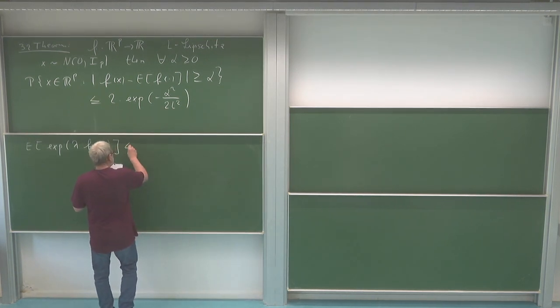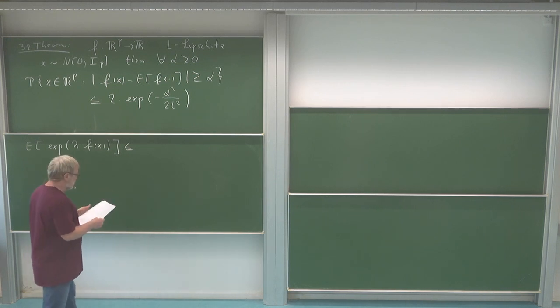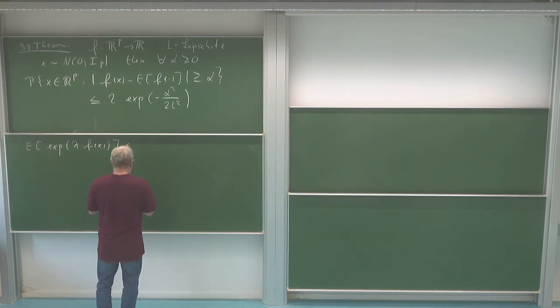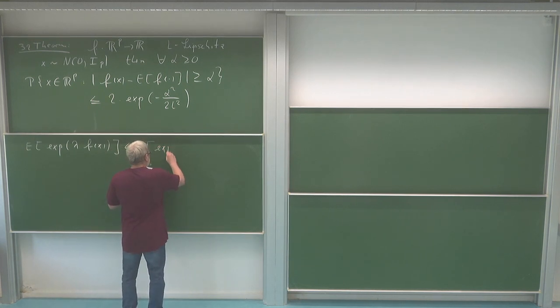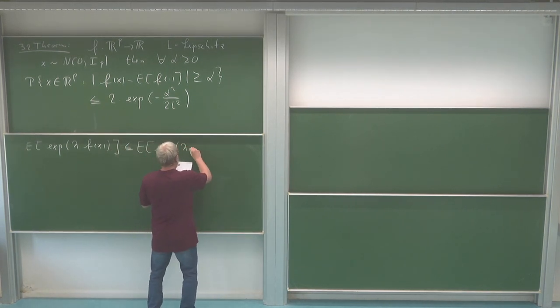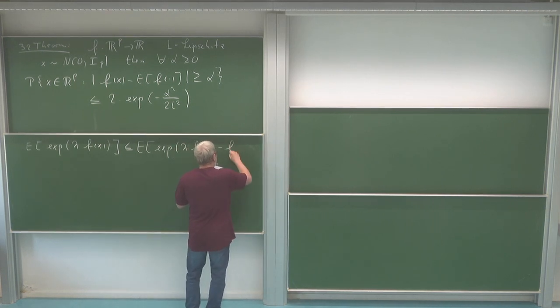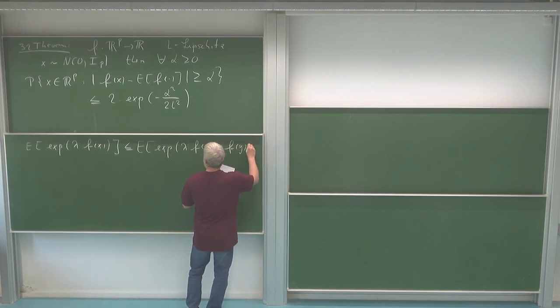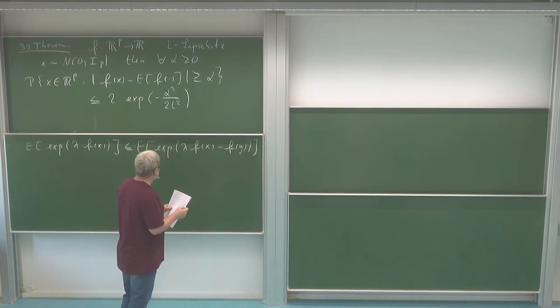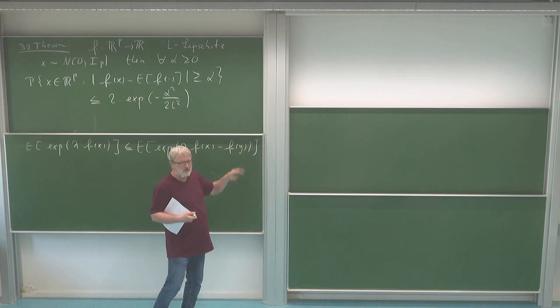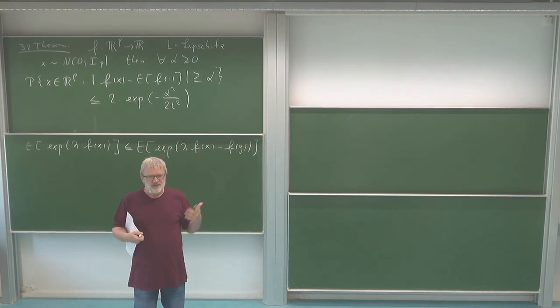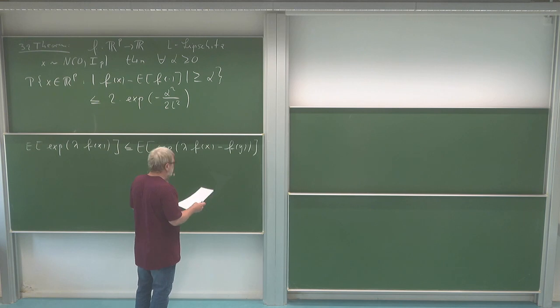We estimated this using Jensen's inequality: we estimated this by the same quantity where I take the expectation of the exponential function of lambda times f of x minus f of y. This was a trivial estimate. Essentially, by Jensen we could estimate the expected value of the exponential of this by 1. So introducing this is not really doing much. It seems as if we haven't really done anything.